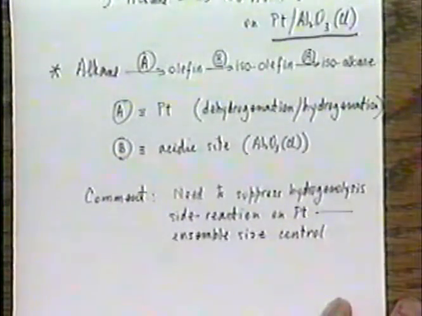And it happens in this case that while in practice one uses a catalyst in which the platinum function, the small platinum particles, are supported on the surface of the acidic alumina, which itself forms the second function, while that is the way in which the catalyst is generally prepared, you can in fact make this reaction go by taking two separate catalysts, one a platinum on an inert support, and physically mixing it with the acidic alumina, and in that situation clearly the gas phase transport process is the one which transports the intermediate olefin and isoolefin between the sites.